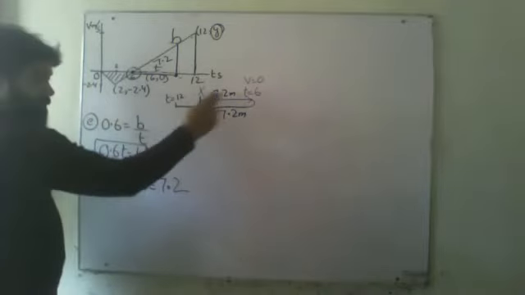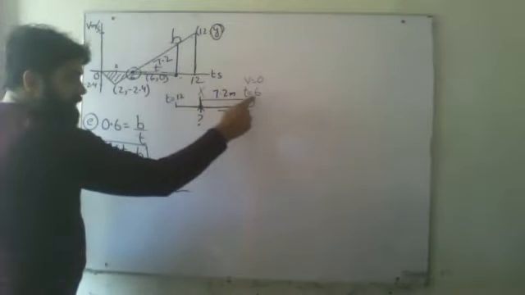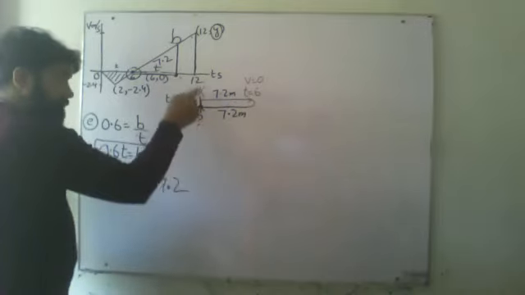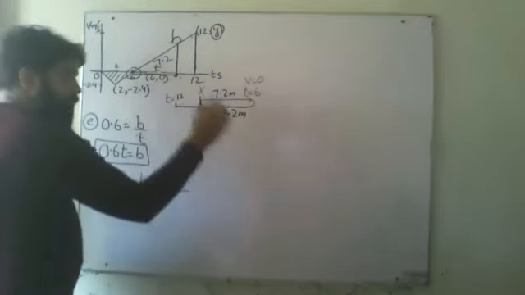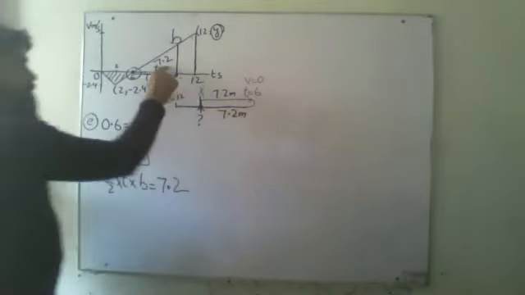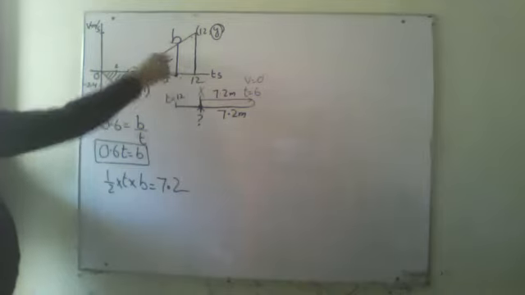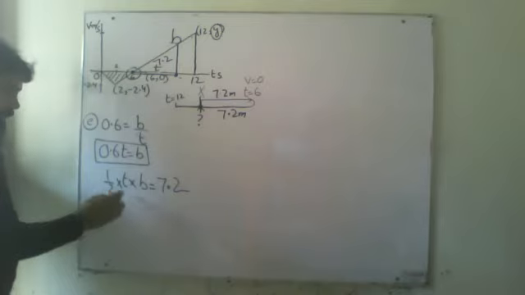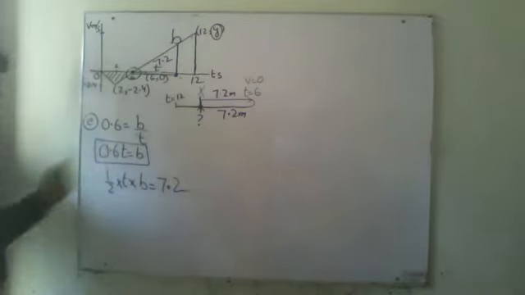After that, from this point my body was going in this direction till t equals 6. Coming back, before it reaches the starting point, my body has covered again 7.2 meters. So the area will be 7.2. Applying the formula, half into T into B equals 7.2.